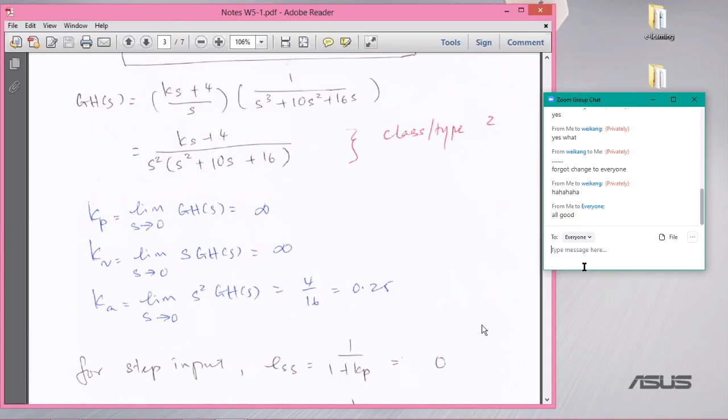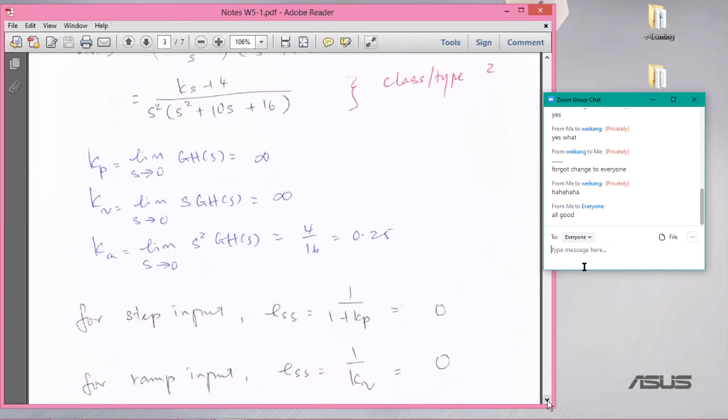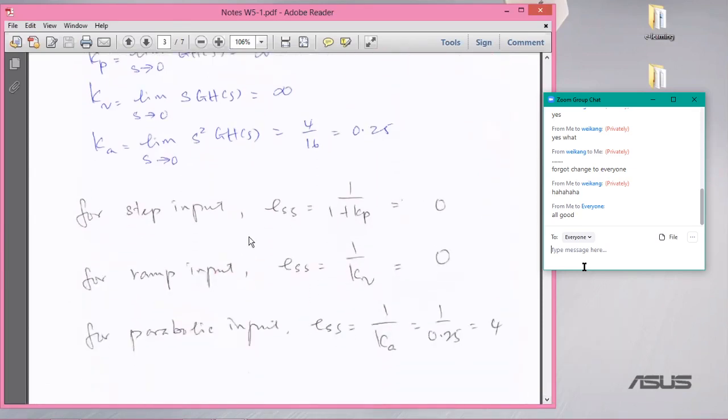And from there, you can evaluate the steady state error, just substitute in the correct formula. Okay. So if the input is unit step, then you have 1 divided by 1 plus infinity, 1 divided by infinite, so you get 0. For the parabolic input, 1 divided by 0.25, so you get a steady state error of 4.